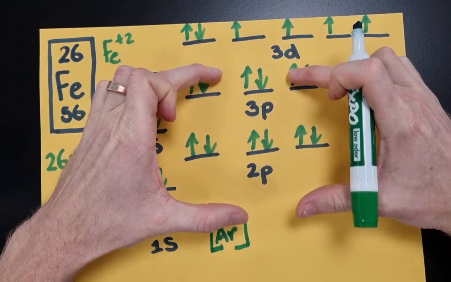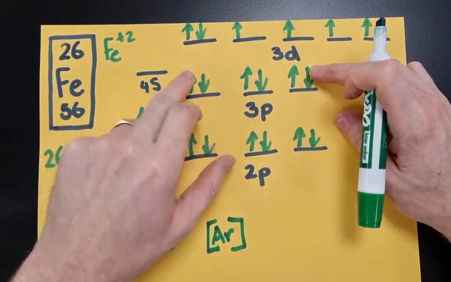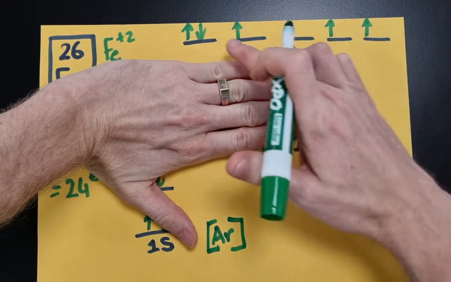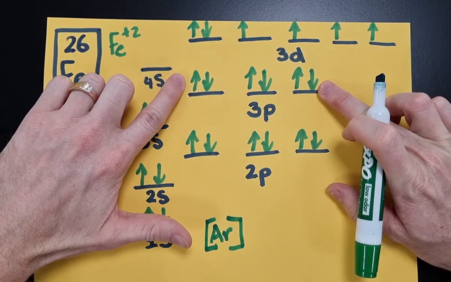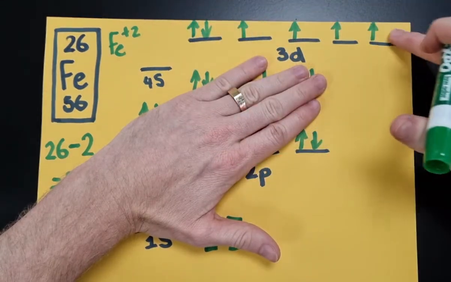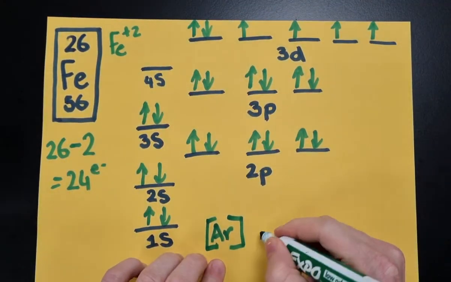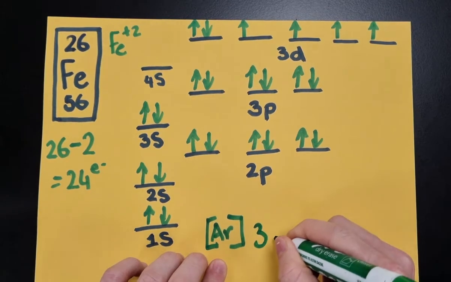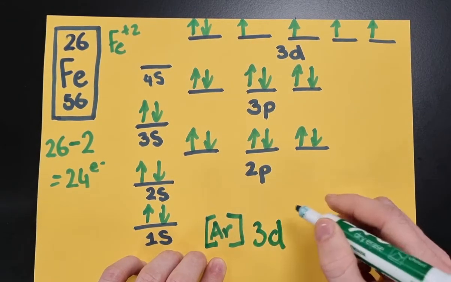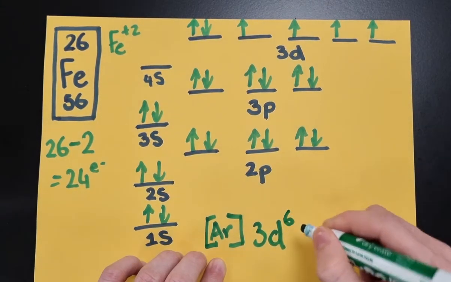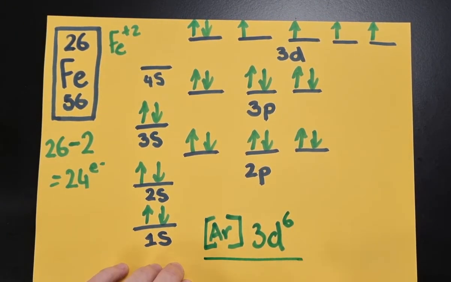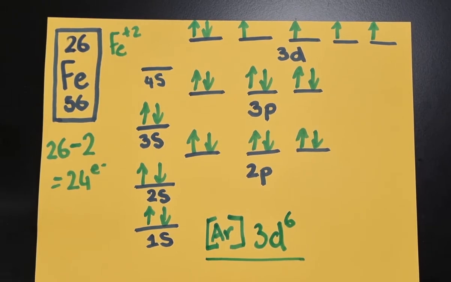Remember, our p is our level for noble gases, so anything after 3p, being argon, we would need to put down. So we would have 3d, 1, 2, 3, 4, 5, 6. And that's it. Your answer made easy.